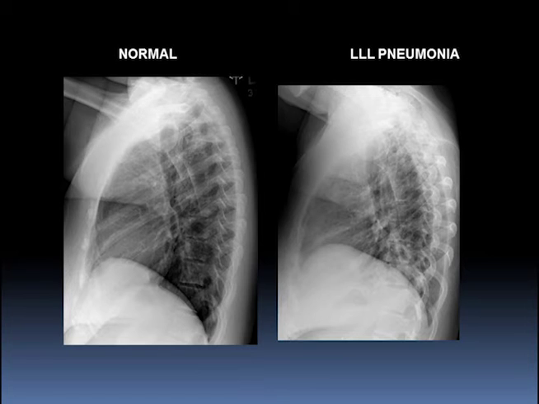The second sign is if you go down the spine on the normal film, you'll see that it gets blacker as you go down. However, on the abnormal film, where there's a pneumonia, the upper portion of the spine is blacker than the lower portion, and that's because there's consolidation lying over the lower spine.